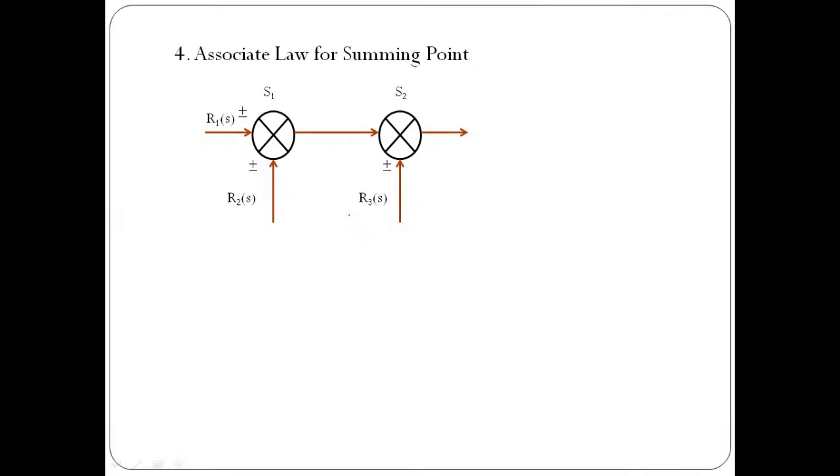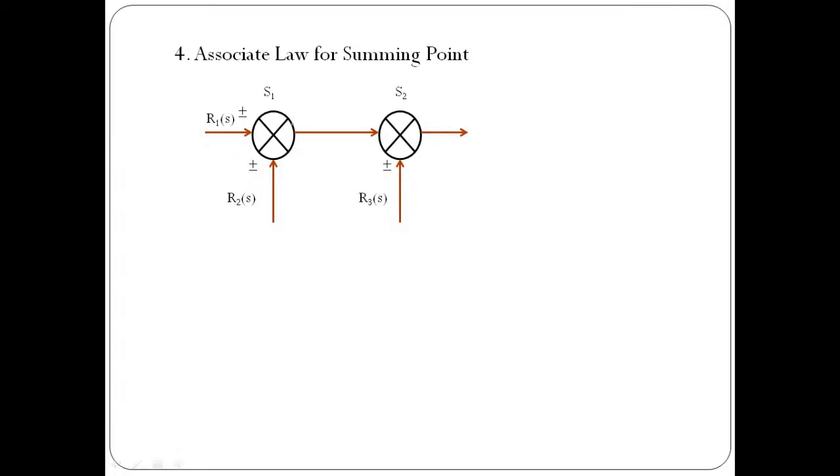From rule number 4 onwards, we are trying to learn some more complicated rules which are very essential in block diagram reduction techniques to solve the numerical and convert it into its equivalent single gain.